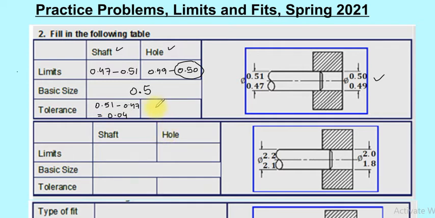And similarly on the hole we have 0.5 minus 0.49, and it will be 0.01 inches. So that is all. We have filled in all the information that was needed.